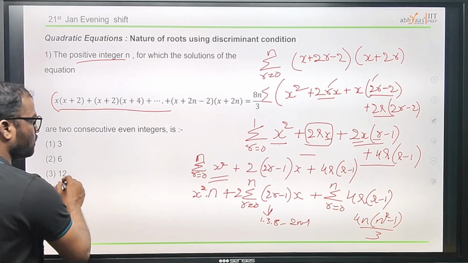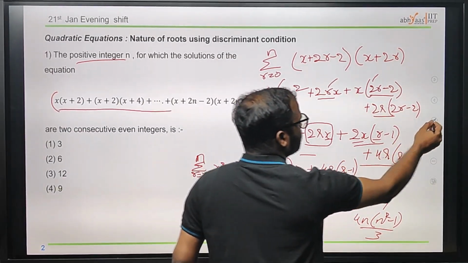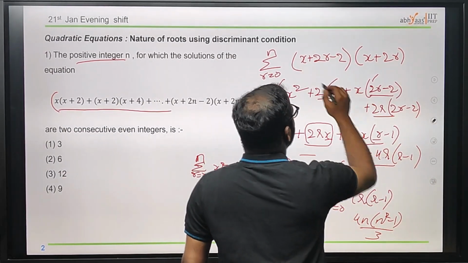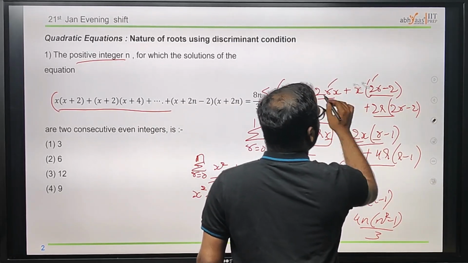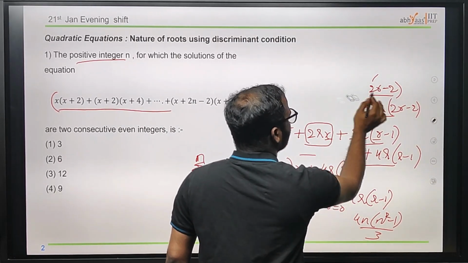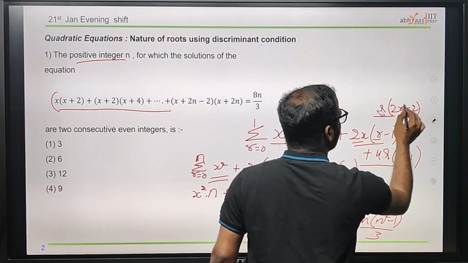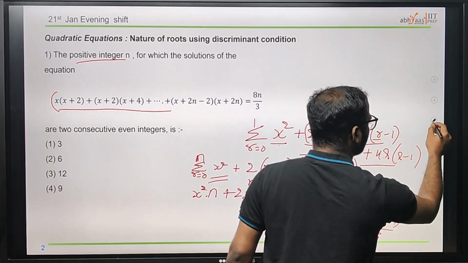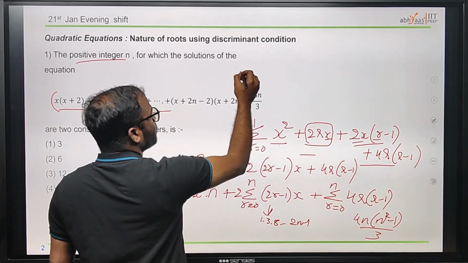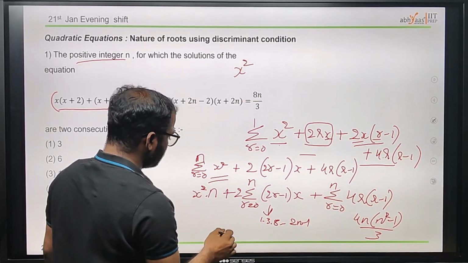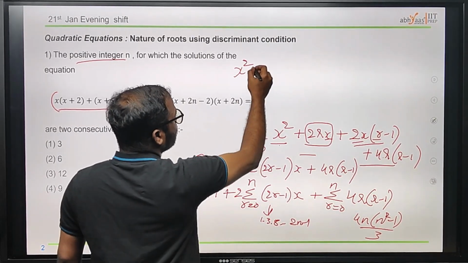Okay, after doing this, from this we will get x square into n.